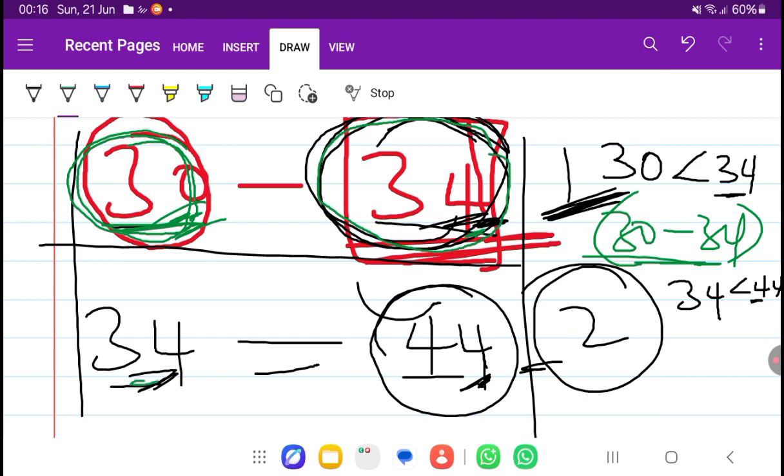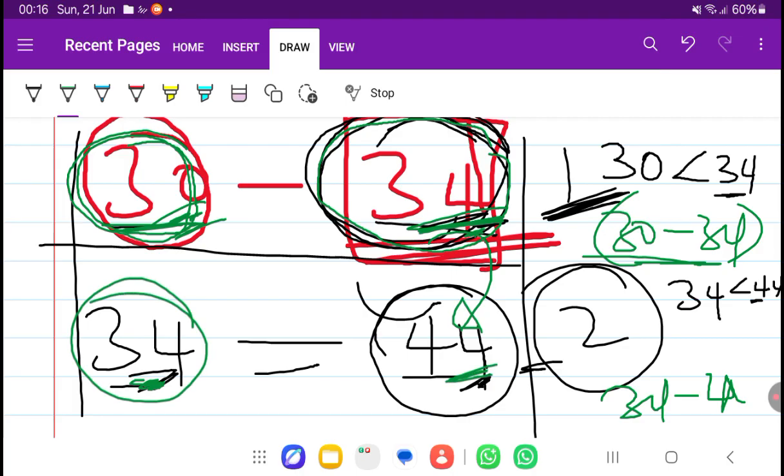But when you come to the second class of 34 to 44, it is the smallest value that could go in the next class. Even though in the first class it was the biggest.